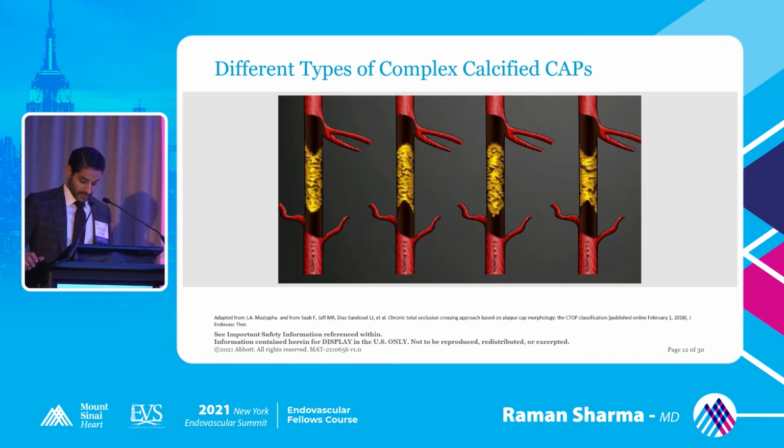I'm sure everybody here knows the CTOP classifications, and basically all this concept is just entertaining, is that there are morphologies that are consistently seen in our CTOs that predict success and predict failure.